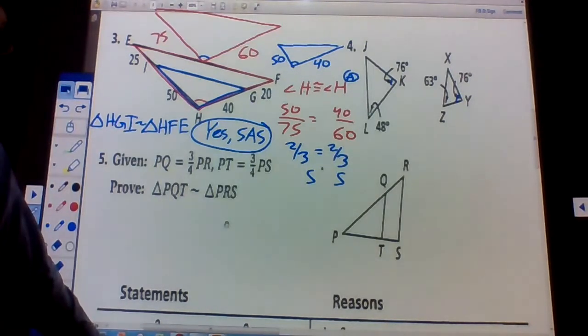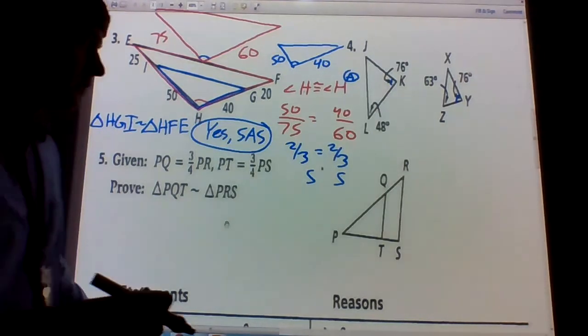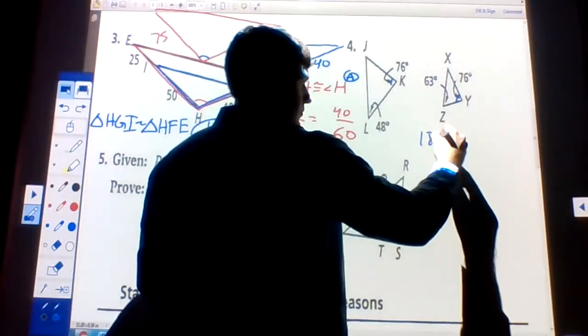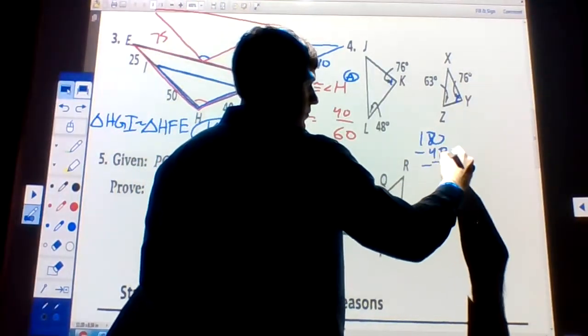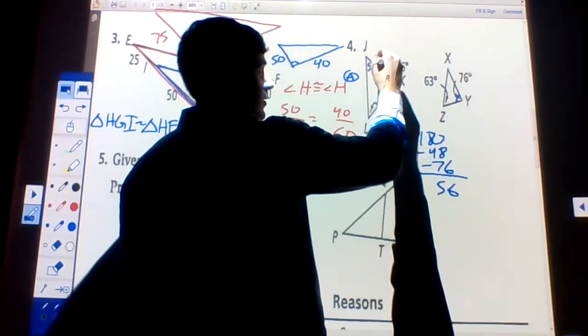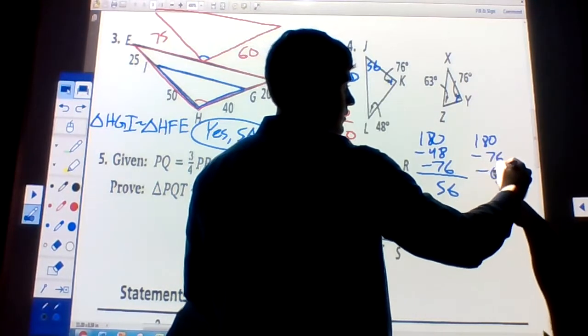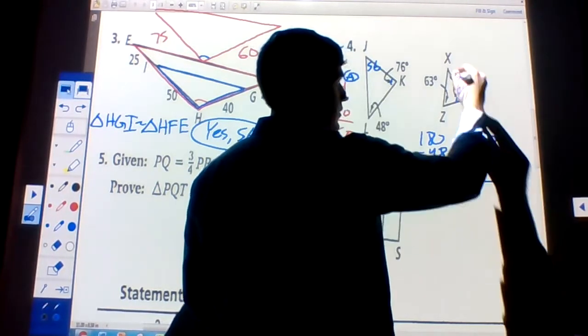matches up. So to do that, 180 minus 48 minus 76. Right, that's going to give us 56. Then over here, 180 minus 76 minus 63 is going to give us 41.